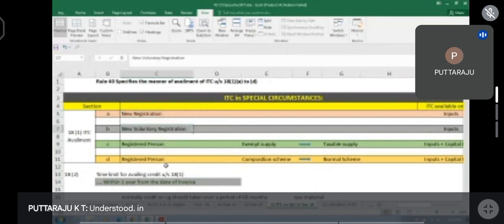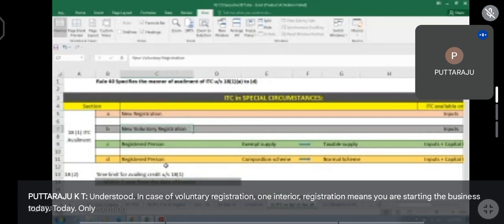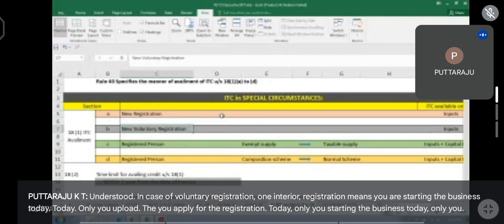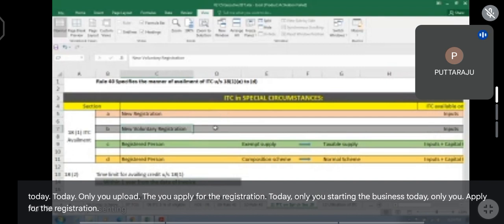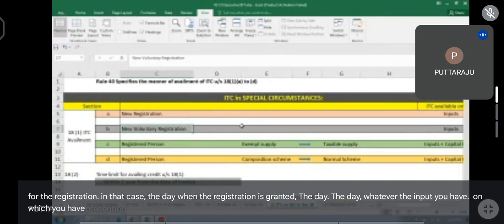In case of voluntary registration, you are starting the business today. Today only you apply for the registration. In that case, the day when the registration is granted, whatever input you have on which you have paid the tax, you can take the credit of that.